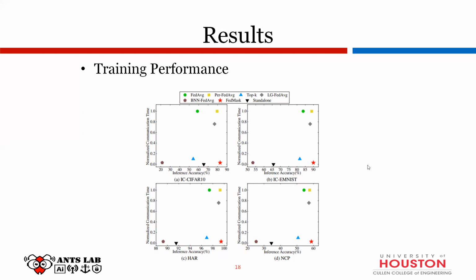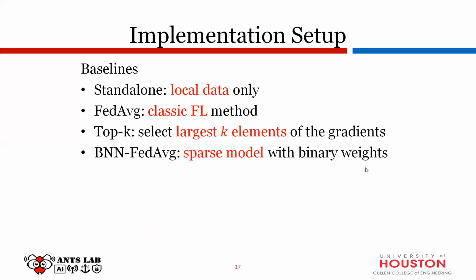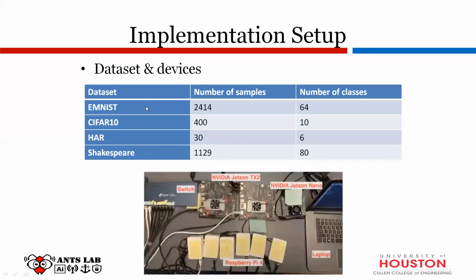Have you talked about the data set? Yes, right here. So this is a data set, that's fine. But how do they simulate a non-IID distribution?